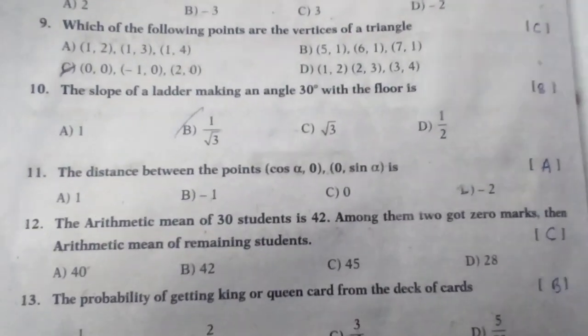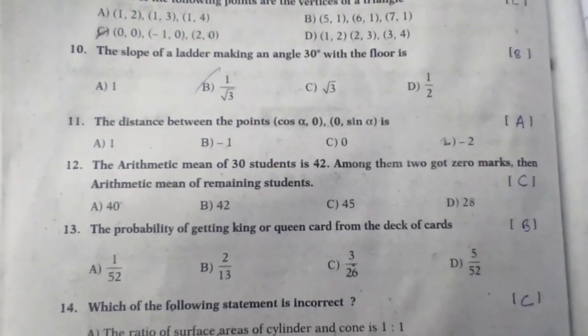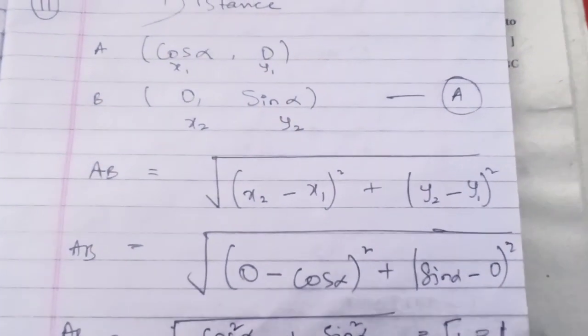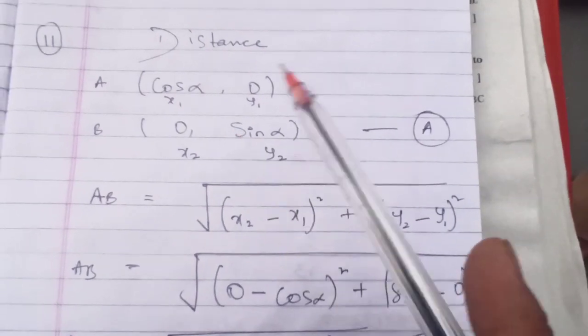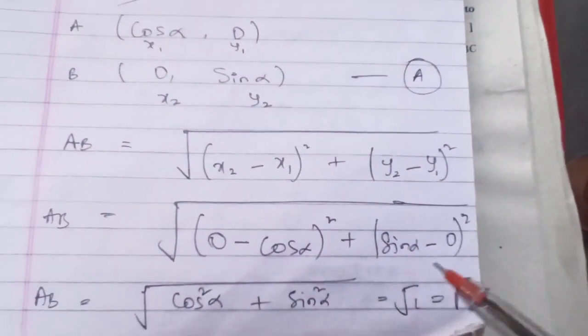11th one, the distance between the points cos alpha 0, 0 comma sin alpha. So here we have to use the formula of distance. There is a formula for distance. AB equals to under root x2 minus x1 whole square, y2 minus y1 whole square, x1 y1 x2 y2. So in this we have to substitute in the formula.